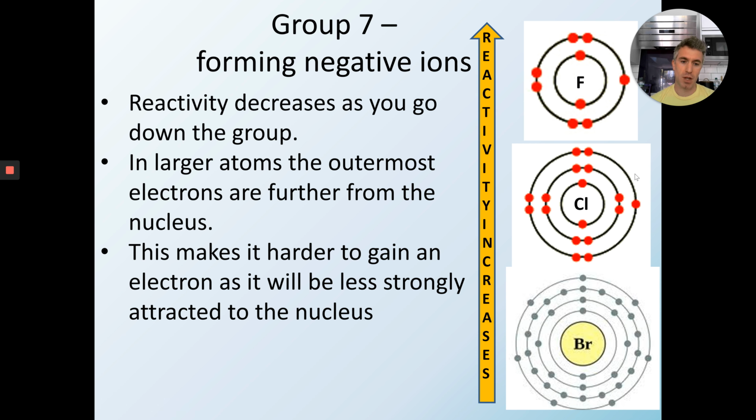I'll think of a better phrase later. But yeah, that positivity, as it's spread out, has weakened, so therefore it is less attractive. Bromine is so big, the attractiveness of bromine has just gone right down because that positivity is spread out even further, so it is less attractive. So as you get bigger with group 7, they become less attractive.